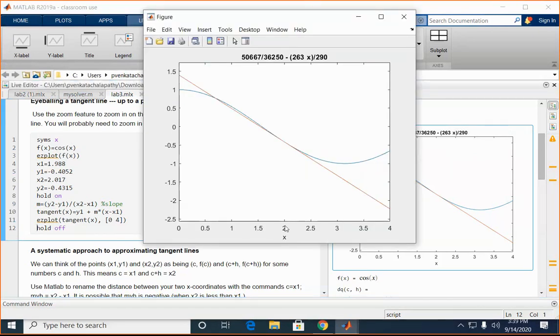As I told you, there is a straight line for this cos function, the blue one. Do not look at this red one. I'm only talking about the blue one.